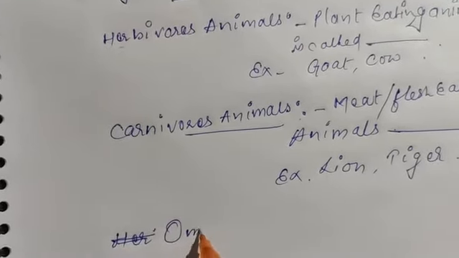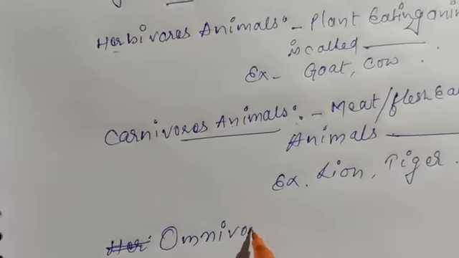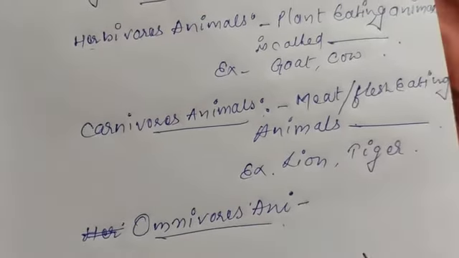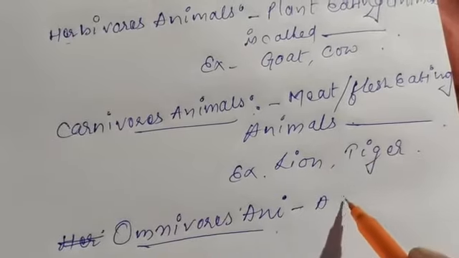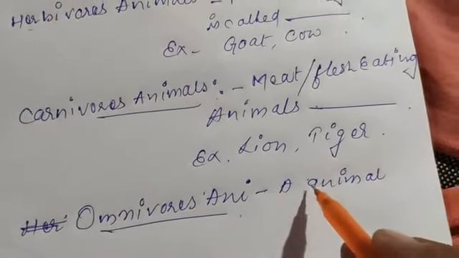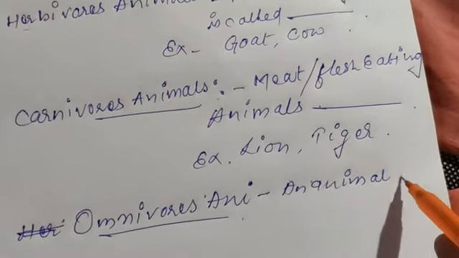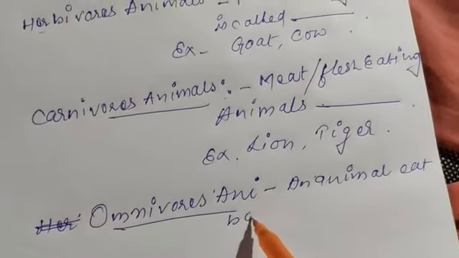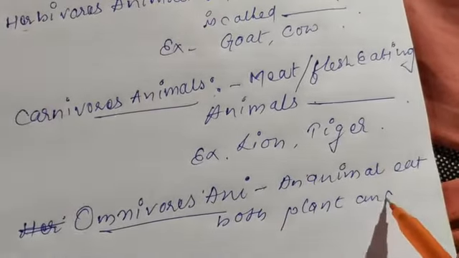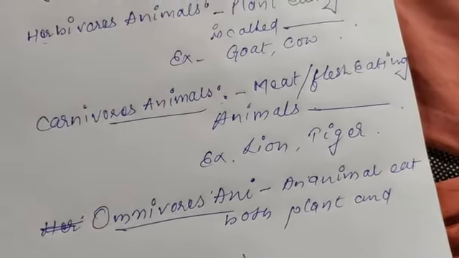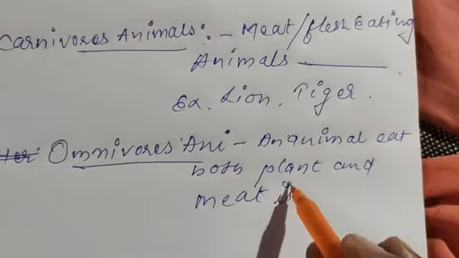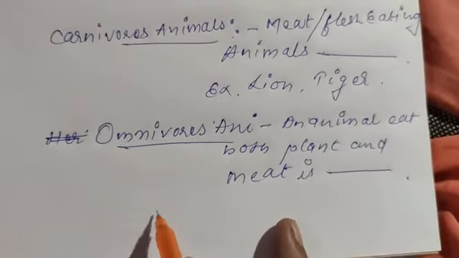Now omnivorous animals. An animal that eats both plants and meat is called an omnivorous animal.